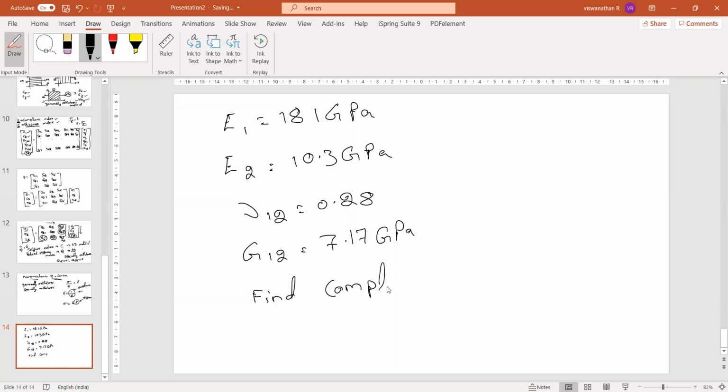Find the compliance matrix. How will you do this? What all information do you need?